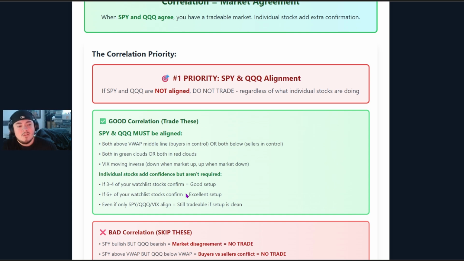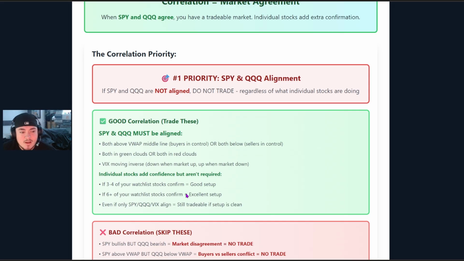So the individual stocks add confluence but aren't required, right? If you're looking at all these stocks, and 3 to 4 of them on your watch list confirm, this is a good setup. What do I mean by confirm? Price is in the same correlation as SPY and QQQ when we're looking at it in relation to the VWAP bands and the cloud, right?